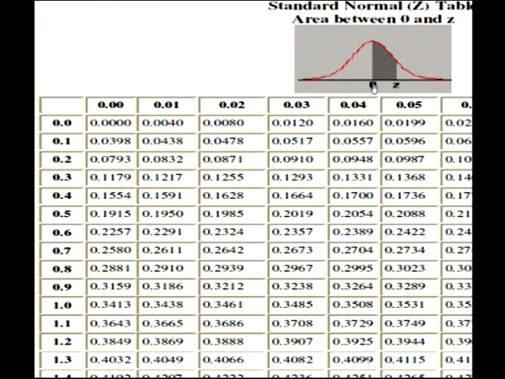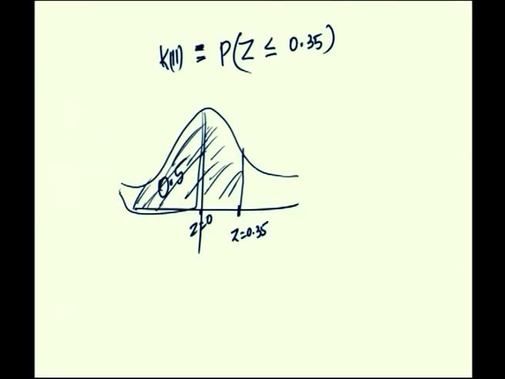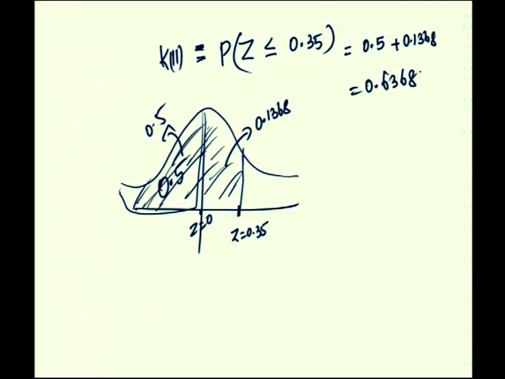It gives you the area from z equal to 0 to z equal to 0.35. This area value is 0.1368 and this is already 0.5. So the answer is 0.5 plus 0.1368 equal to 0.6368. This is the power of the test.